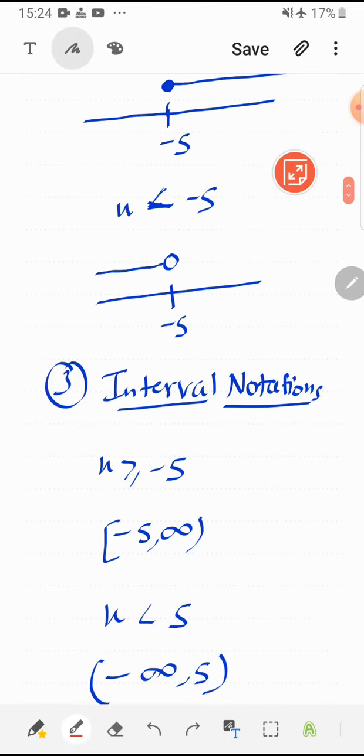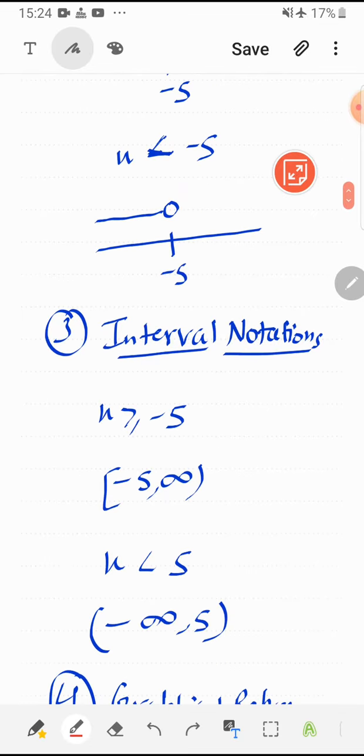Next is interval notation. Of course we have studied interval notation in the sets chapter. So when I say x is greater than or equal to minus 5, that means my solution set is x belongs to the interval minus 5 to infinity, closed at minus 5 and open at infinity. When I say x is less than minus 5, that means x belongs to the open interval minus infinity to minus 5.